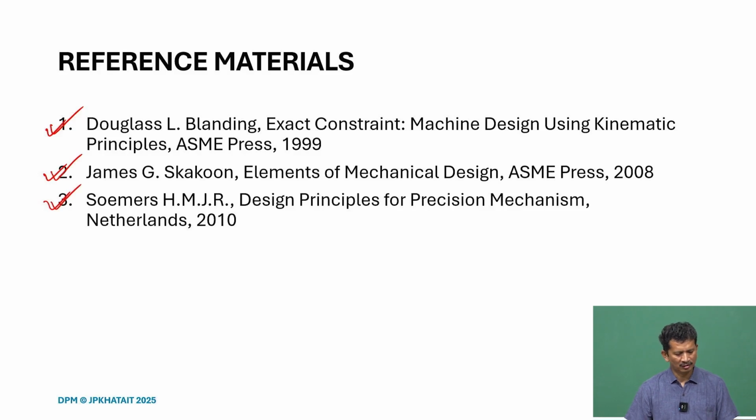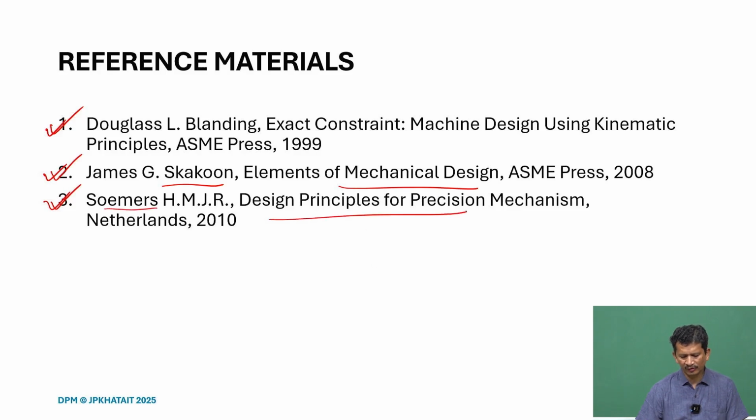The book by Blanding, Exact Constraint: Machine Design Using Kinematic Principles, is a very good book talking about constraints and how to achieve degrees of freedom. Elements of Mechanical Design by Professor Skakun is again a very good book, and there is a book by Professor Summers, Design Principles for Precision Mechanisms.